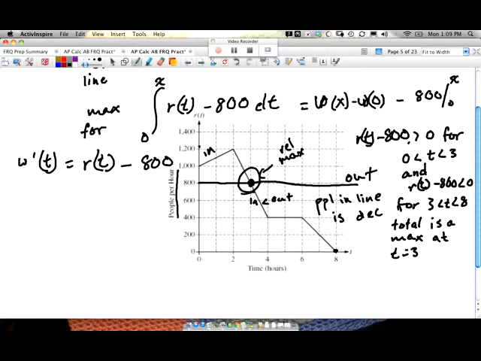And what is that? So we know that it happens at t equals 3. Now we just have to figure out the value. Well, we figured out the accumulated total in part A. So let's go back and label that.